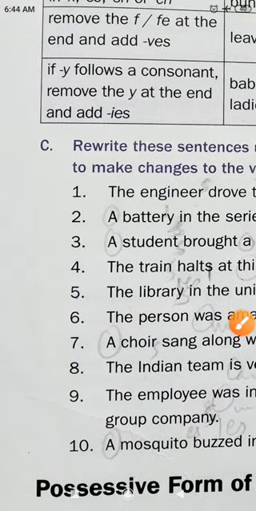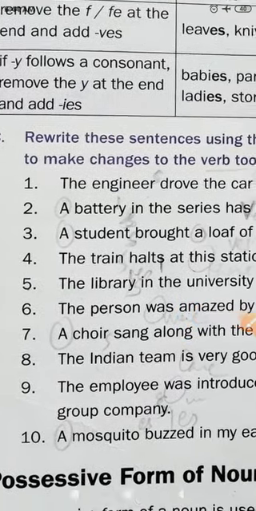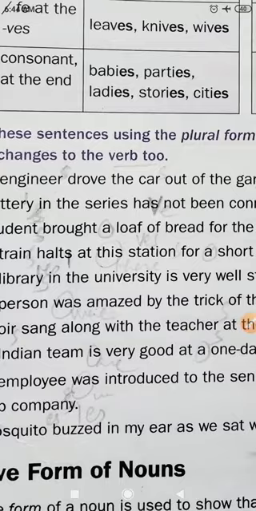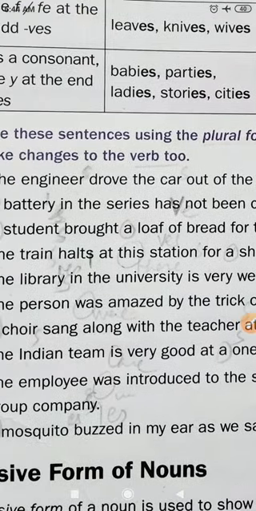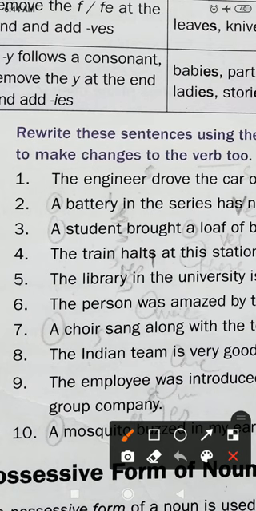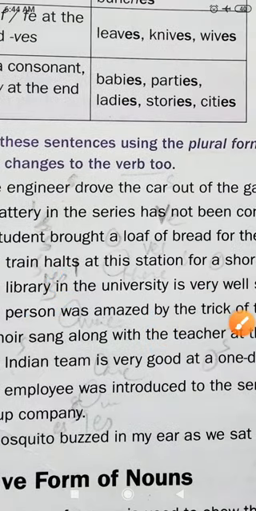Okay, now in number 5, the library in the university is very well stocked. In this sentence, dear students, we remove y and add ies: libraries. The libraries in the university.